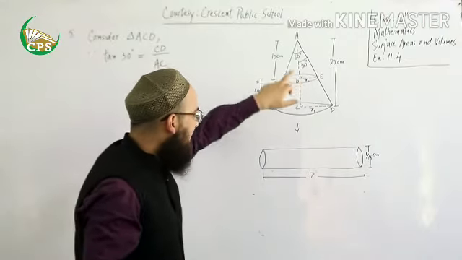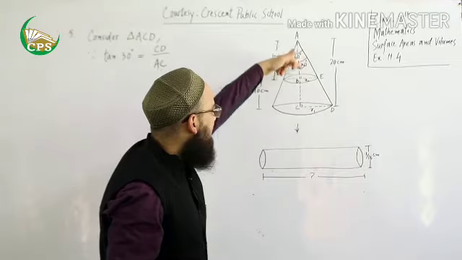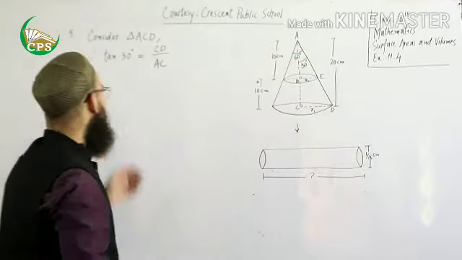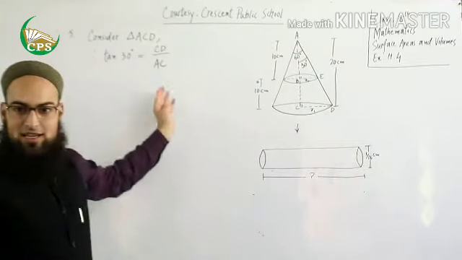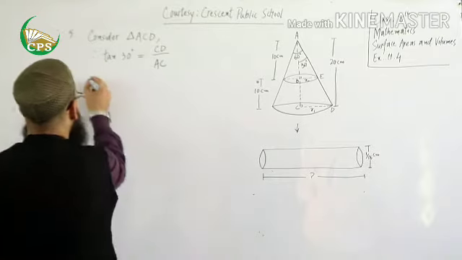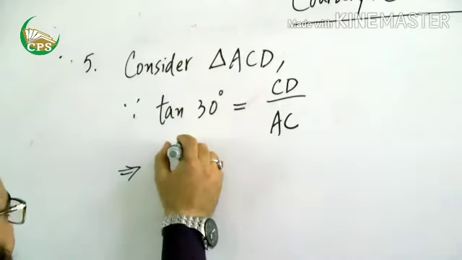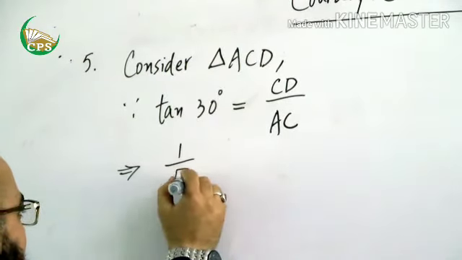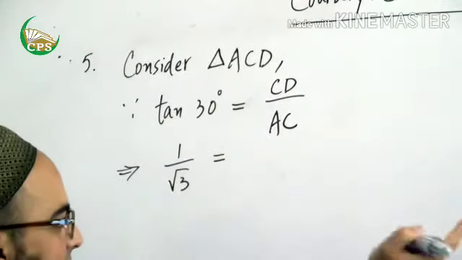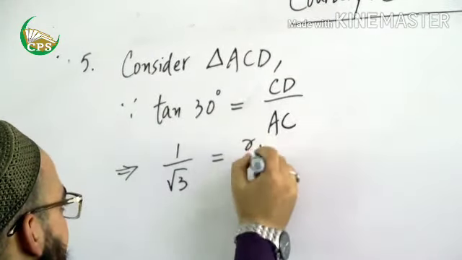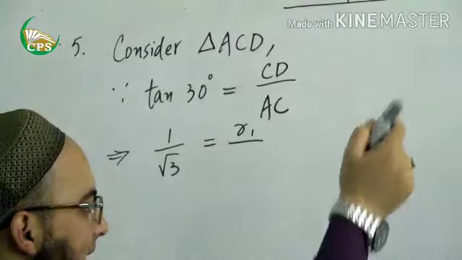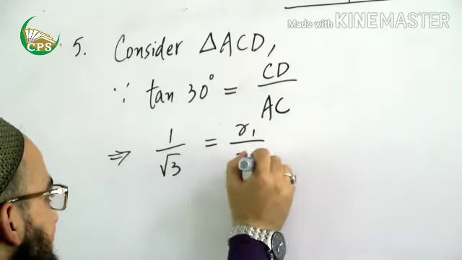Either way you are getting CD by AC, which implies tan 30 is 1 by square root of 3, which is equal to CD, that is R1, divided by AC, that is 20.